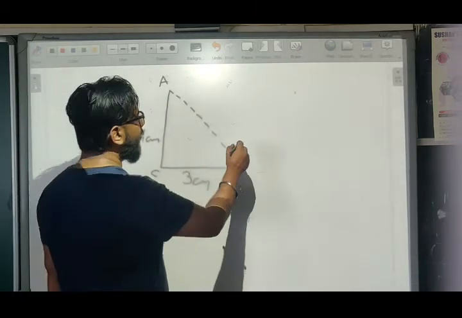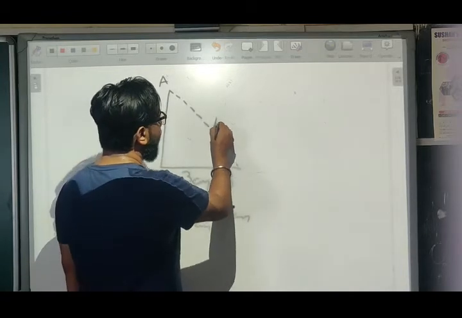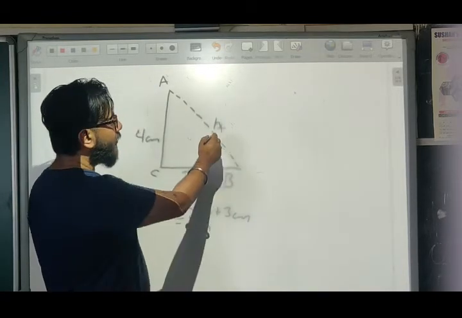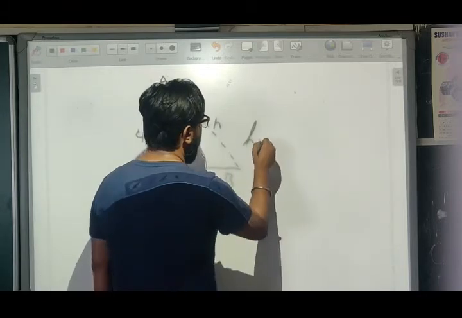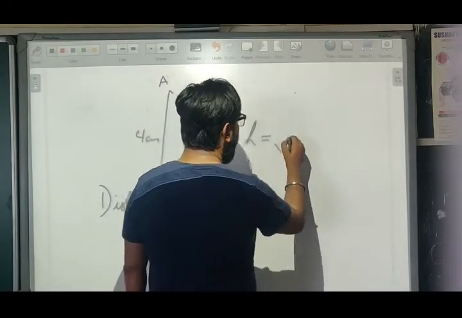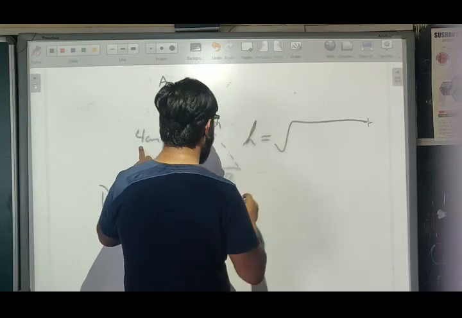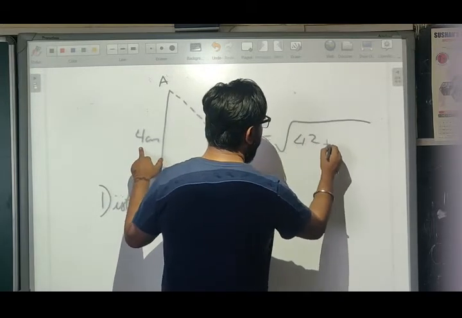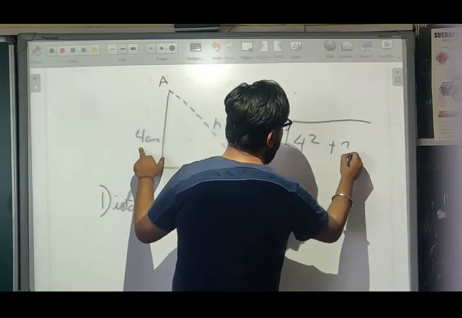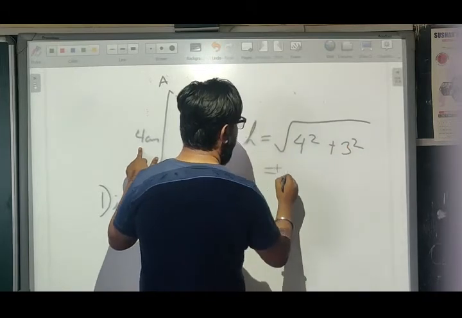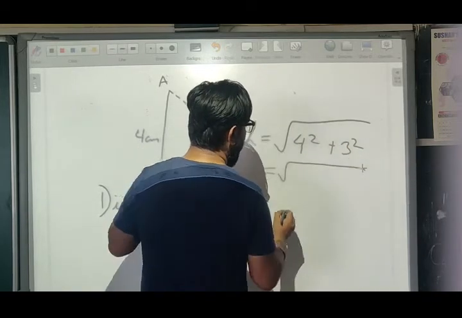Now, how do we calculate displacement? We calculate displacement by using Pythagoras theorem. This is the hypotenuse. So, hypotenuse is equal to root over 4 square plus 3 square. This is going to be 16. This is going to be 9.